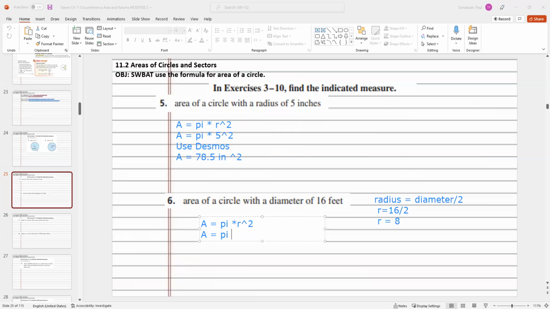Area equals pi times 8 squared. And use decimals. You get the idea. Pi times 8 squared is 201.1 feet squared. Don't forget that squared. Area is always squared.